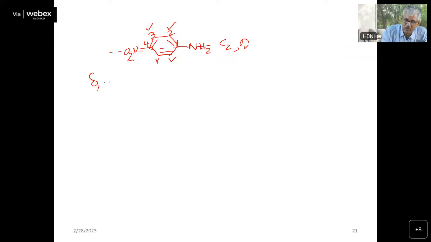We'll take delta 1 equal to delta of benzene plus delta NH2 at alpha plus delta NO2 at para position.